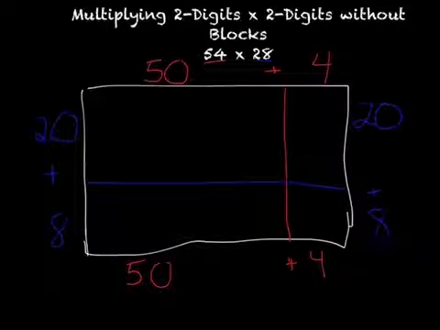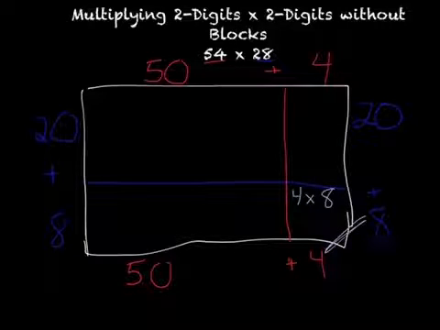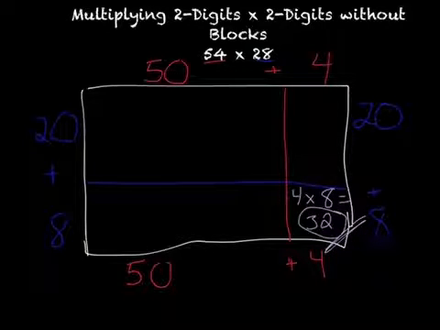So I'm going to start with my small box, the ones column, because in math we always start at the ones. So I'm going to multiply the length times the width, which 4 times 8 is going to be equal to 32. Then I'm still sticking with my ones.